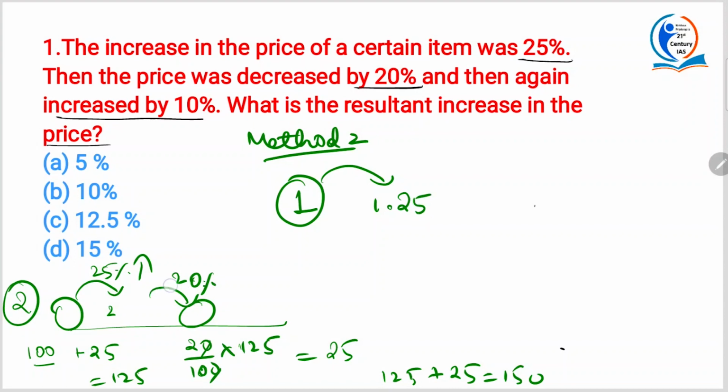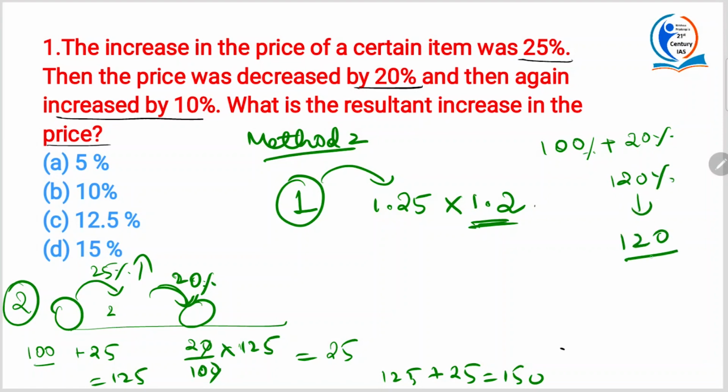And then the number is increased by 20%, which means it becomes 1.2 times. Why did I write it like this? See, 100% plus 20% is how much? 120%. Now if I convert 120% into decimal, 120 by 100, you get 1.2, no? This 1.2 I'm writing here.